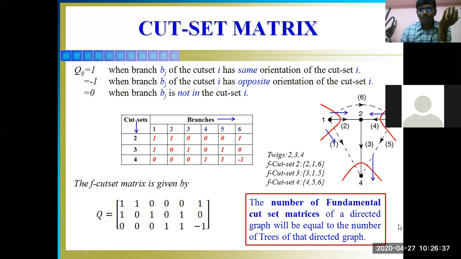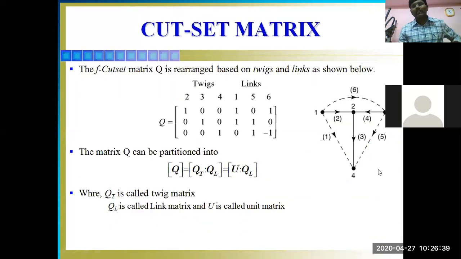Then see, like that matrix, if you divide the matrix with respect to twigs and links, it is like this. 2, 3, 4 are the twigs and 1, 5, 6 are the links.